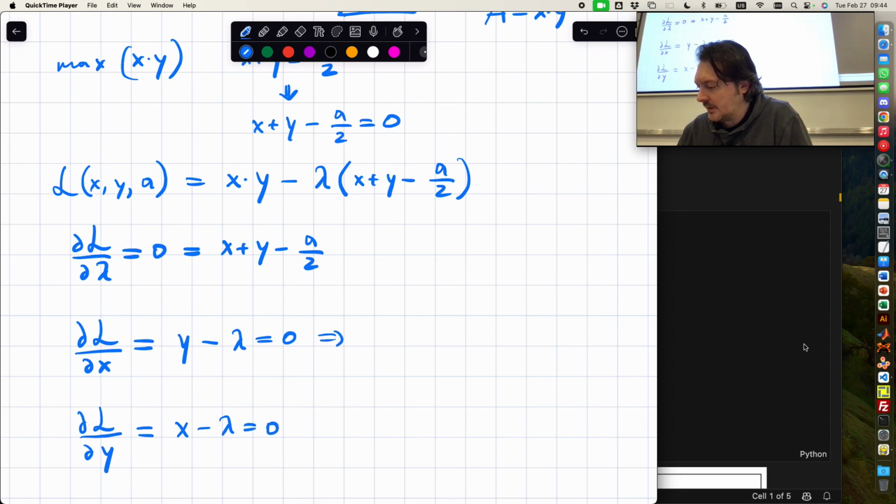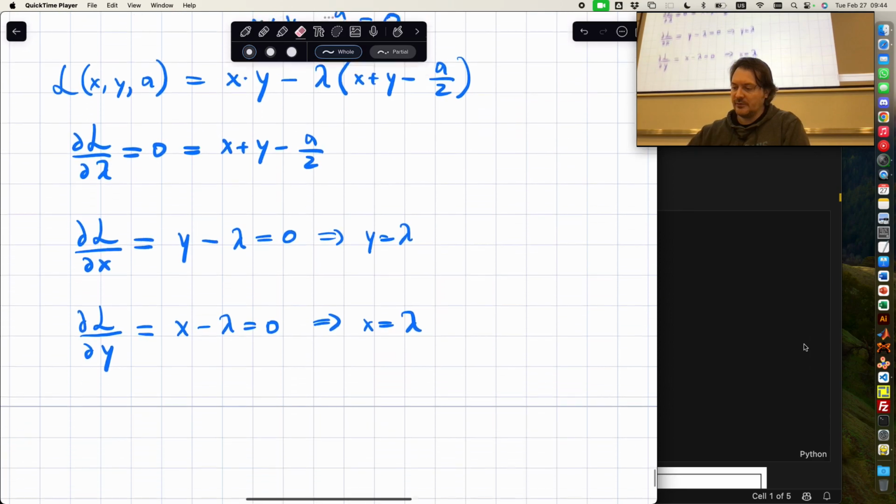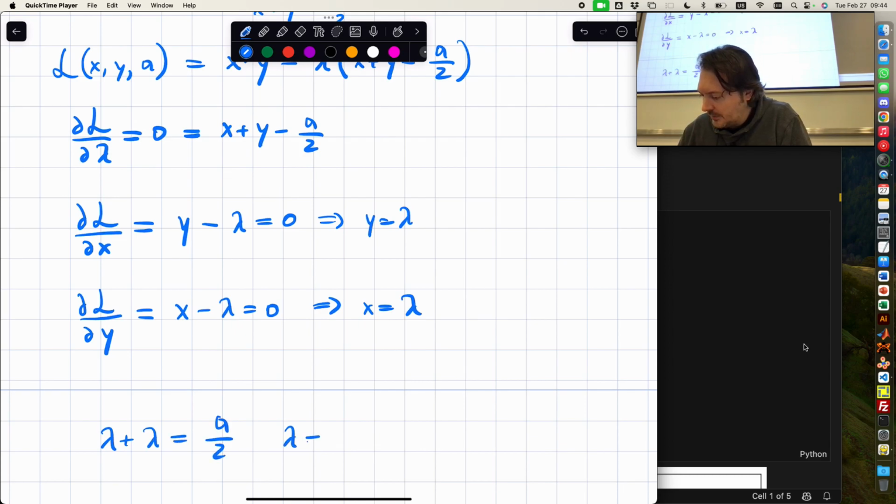Well, this tells you that y is lambda and x is lambda, right? So it just simply tells you that both of them are lambda, so you can just write lambda plus lambda must be A over 2, so lambda must be A over 4.